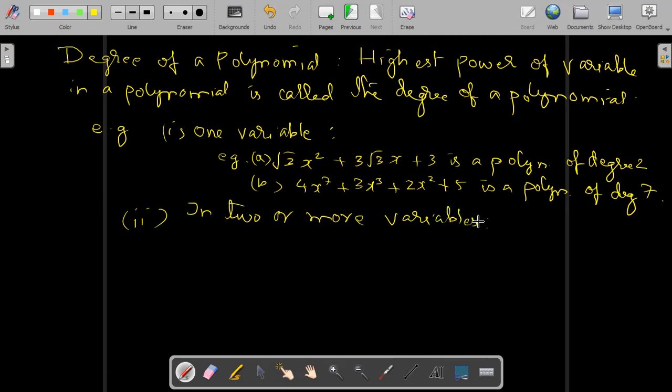But in our course we will deal with one variable only. Okay, but we should know about it. In such a polynomial, first we add the powers of the variables in each term.